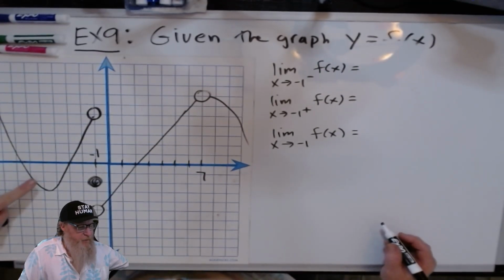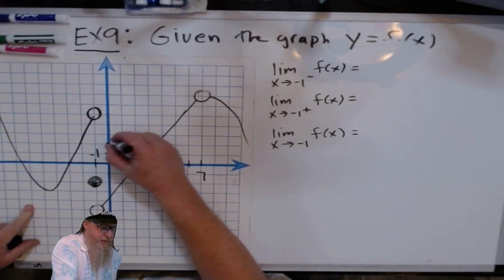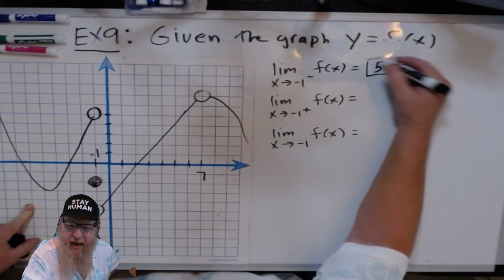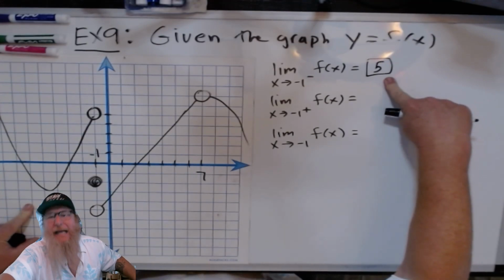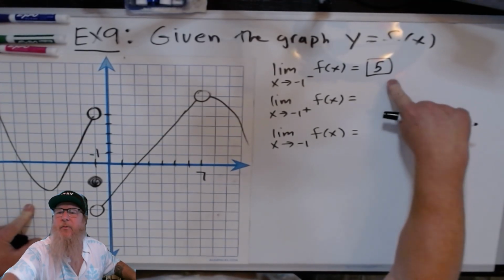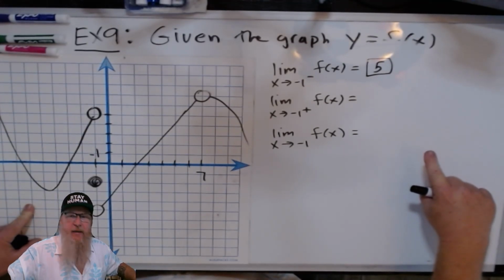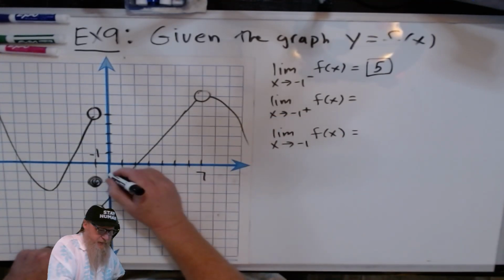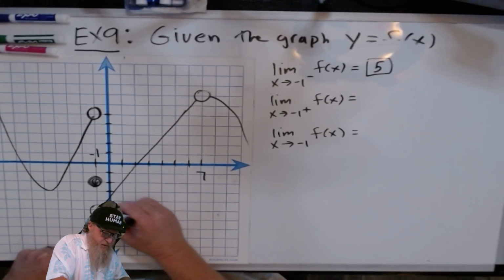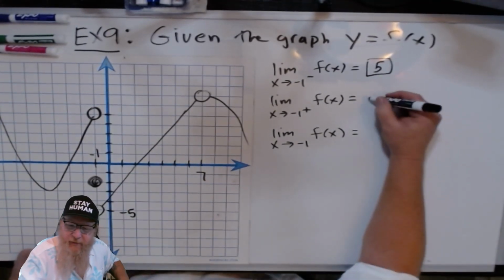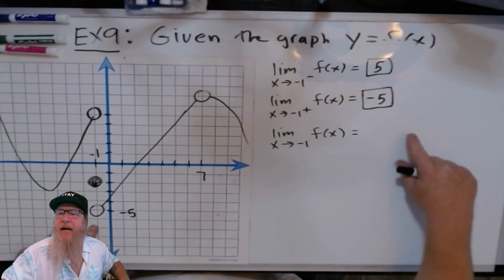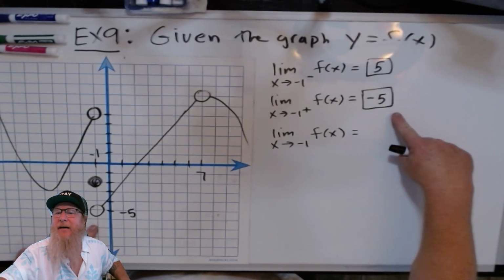So as we approach it from the left, we have 1, 2, 3, 4, 5. Y is equal to 5, or L minus is equal to 5. This is a y value. As we approach it from the right, 1, 2, 3, 4, -5. Okay, these values do not agree with each other.